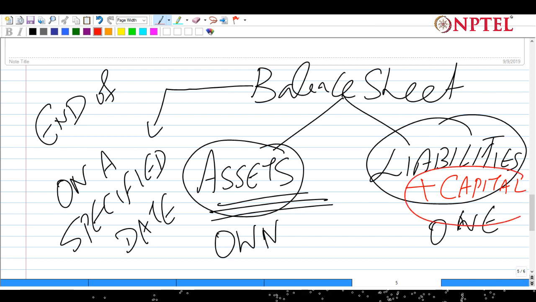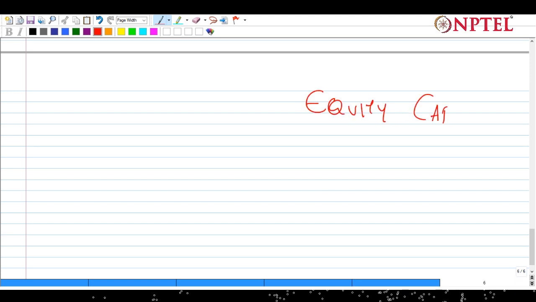Capital is the money that these people have contributed to the business. Let me just give you a brief about how a balance sheet looks. A balance sheet will look like this. Now we have what is called equity capital. Then normally you would prefer to have what is called reserves and surplus.